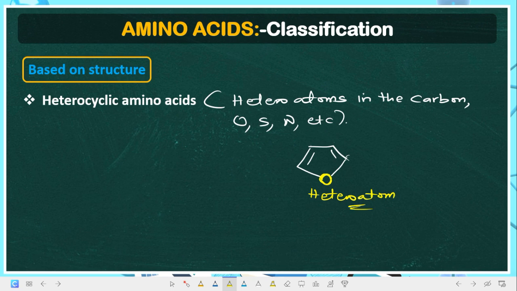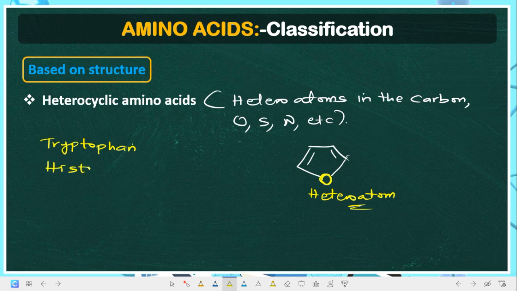So whenever you have other atoms aside from carbon in the chain, such is known as a heterocyclic compound. We have two heterocyclic amino acids: we have tryptophan and what?